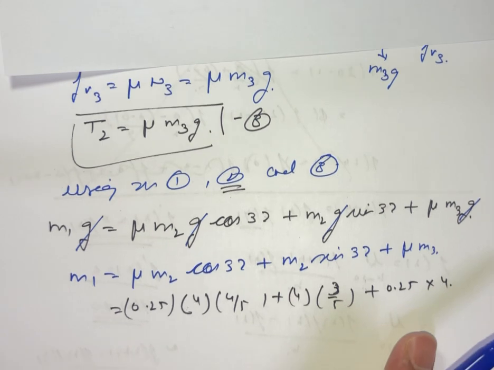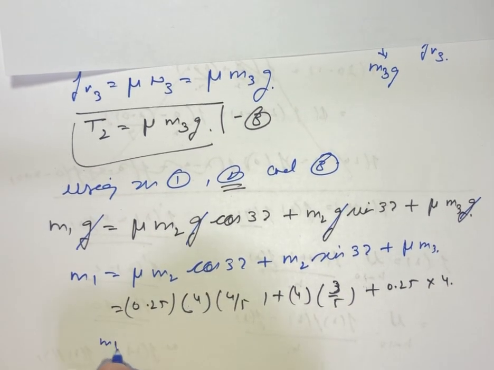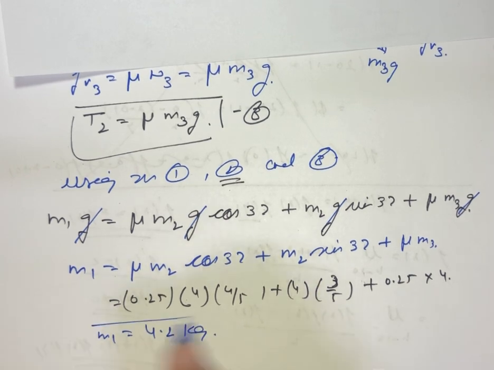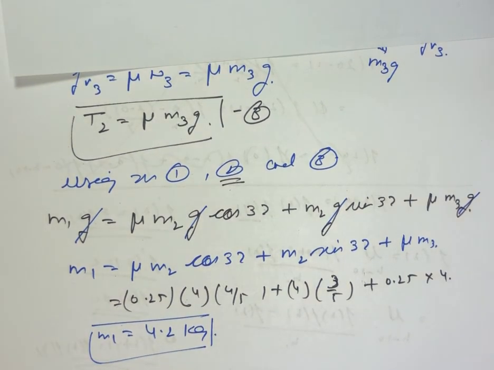We can say that our m1 will be coming equal to 4.2 kg. So this is the mass of m1.